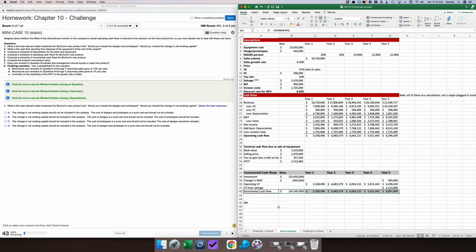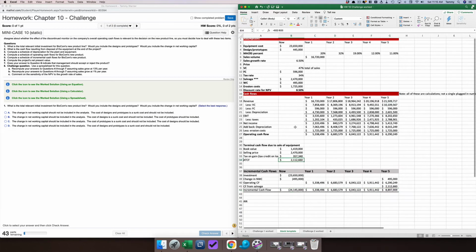So what I'm going to do now is change this so that it matches what they're doing with Pearson, because I'm not as interested in the actual technical answer as I am in doing all these sensitivity analyses that they want you to do. So I'm going to recalculate the after-tax cash flow to be in alignment with the way that Pearson wants you to do this, which is the gain minus the taxes.